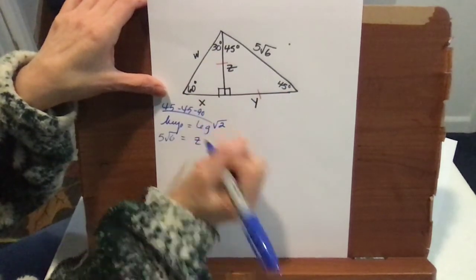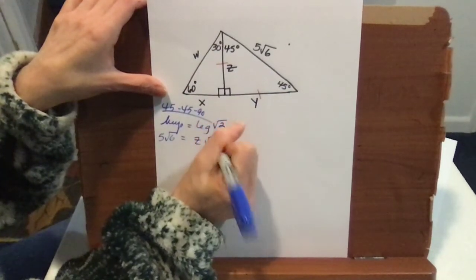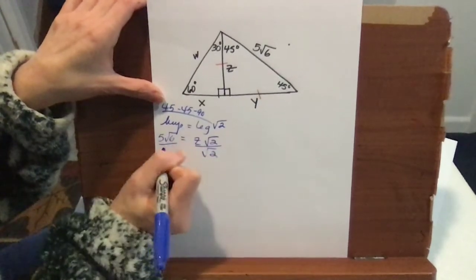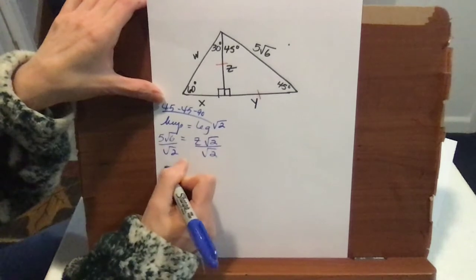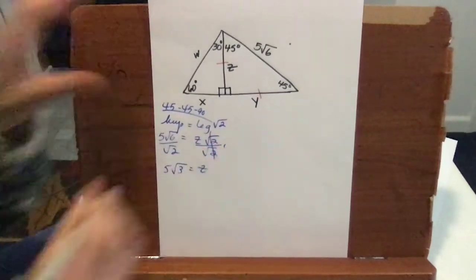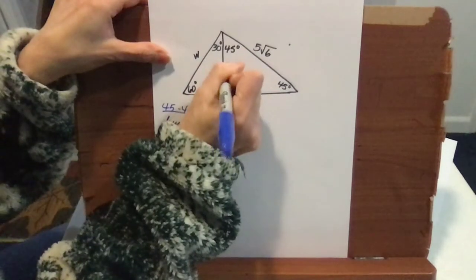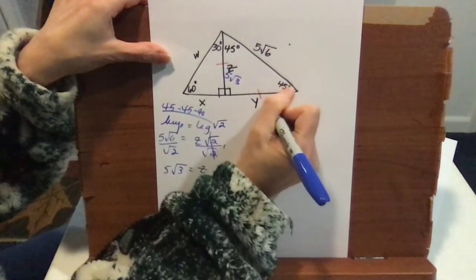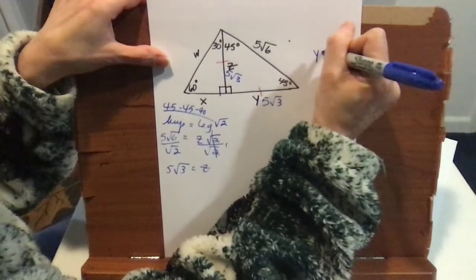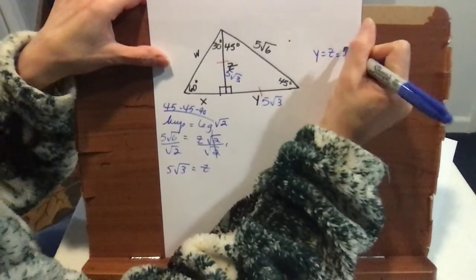So I'll use z, just for fun. All right, so now we're going to divide by root 2 on each side. And we're going to get 5 root 3 equals z. And I'm going to write that here, 5 root 3. And since y is the same, it's 5 root 3. So y equals z, which equals 5 root 3.